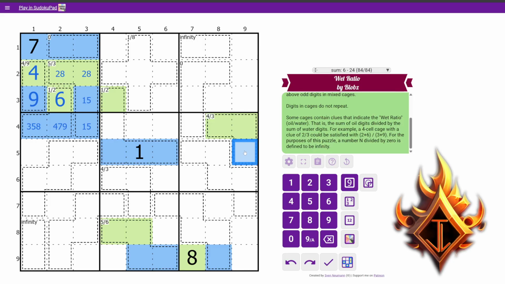If this is 3, that is 4. That would not work. This can be 6. Can it be 9?